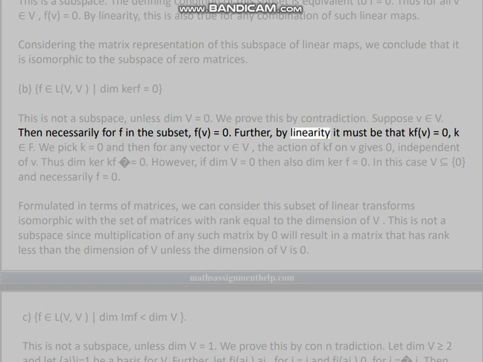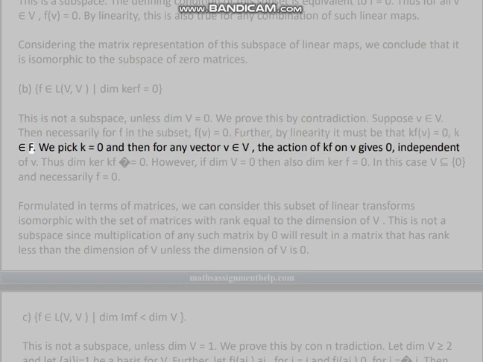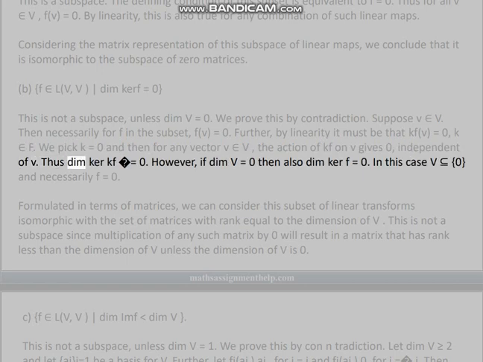Further, by linearity it must be that kF(v) ≠ 0 for k in the field. We pick k = 0 and then for any vector v in V, the action of kF on v gives 0, independent of v. Thus dim Ker kF ≠ 0. However, if dim V = 0 then also dim Ker F = 0. In this case V = {0}, and necessarily F = 0.